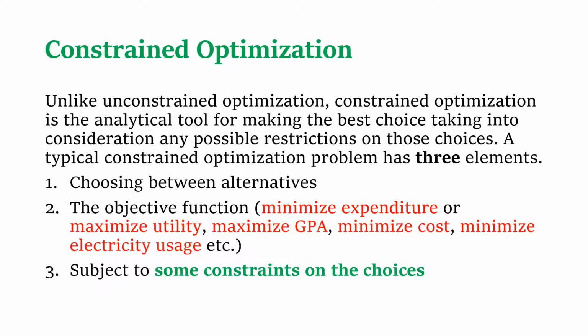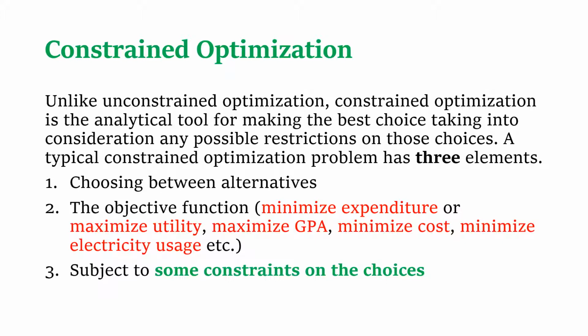Now let's move on to constrained optimization. Unlike unconstrained optimization, here we have certain restrictions on the choices of the decision maker. For example, the economic agent is constrained by the amount of resources he or she has. The constraint arises because of scarcity of resources.